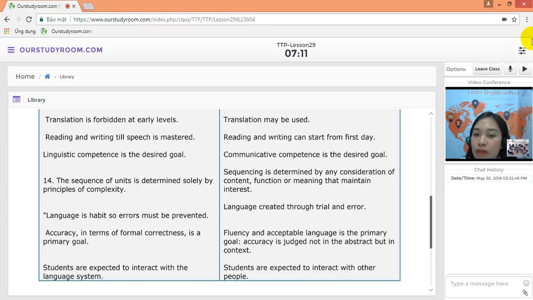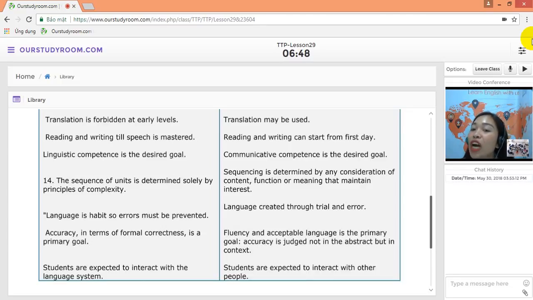Translation is forbidden at early level, while in communicative, translation may be used. So translation is forbidden.